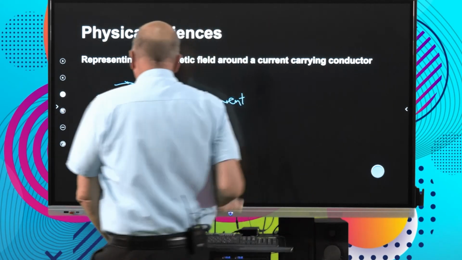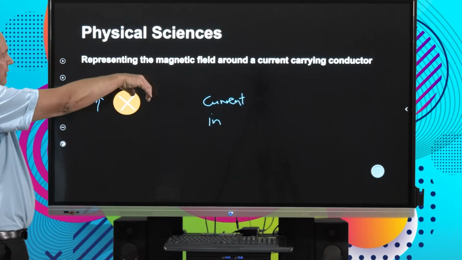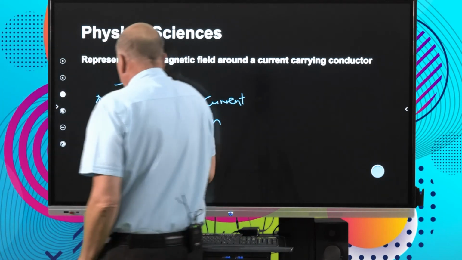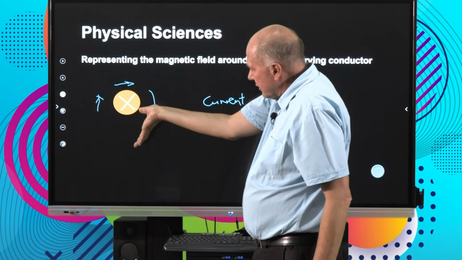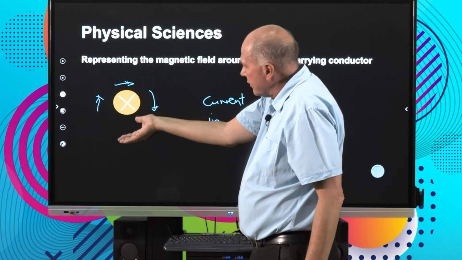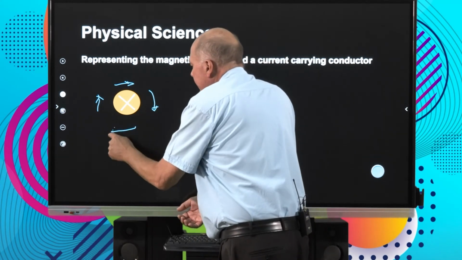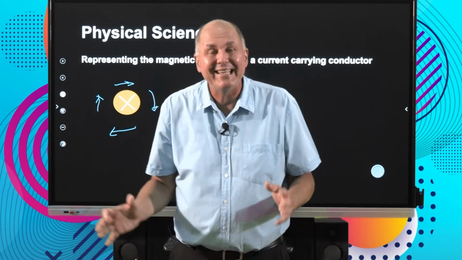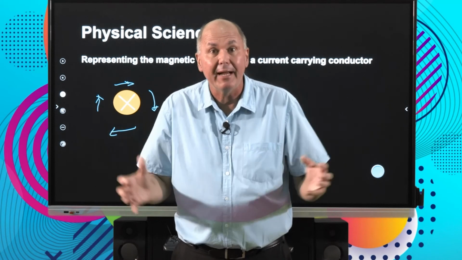And if I change my direction, and I'm moving to this side, they'd be going down. And over here, if I do it from the bottom, and I move my hand, you can see the curl of the fingers are going round in that direction. And so I've put little arrows to indicate the direction of the magnetic field.